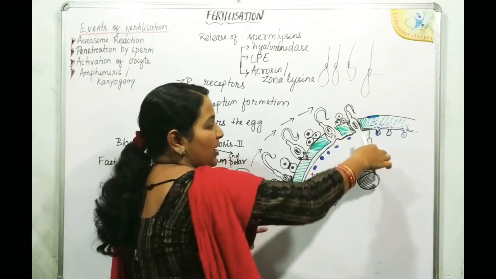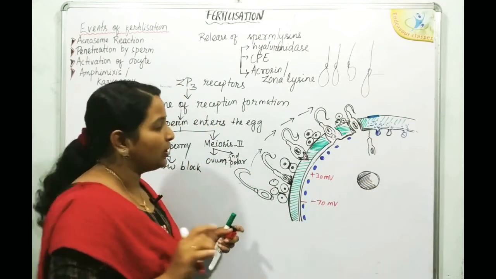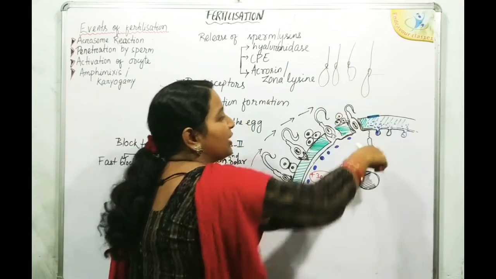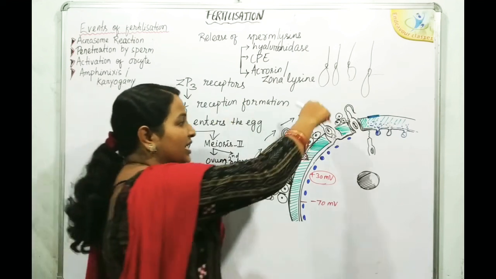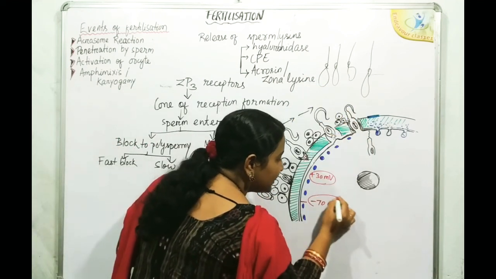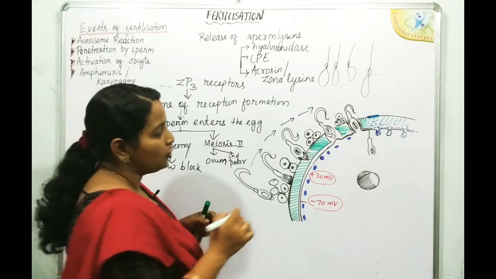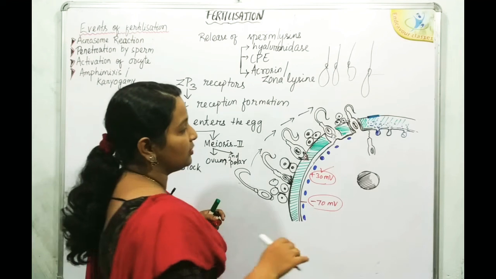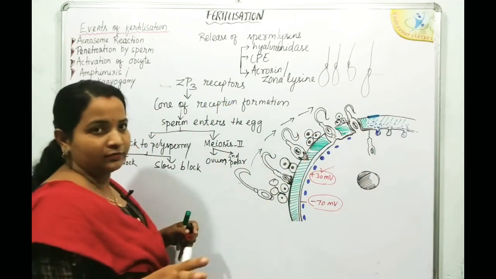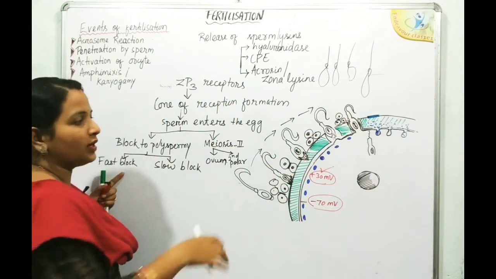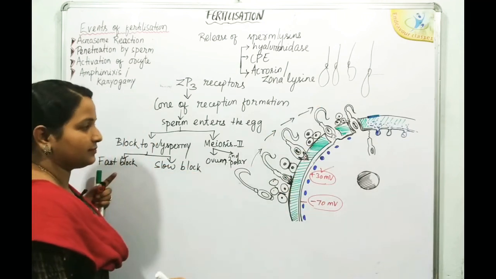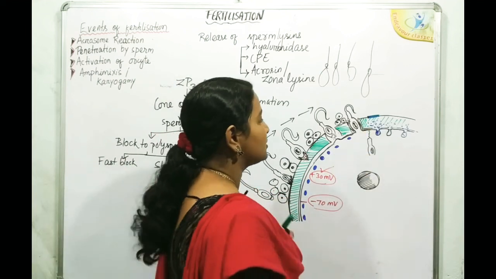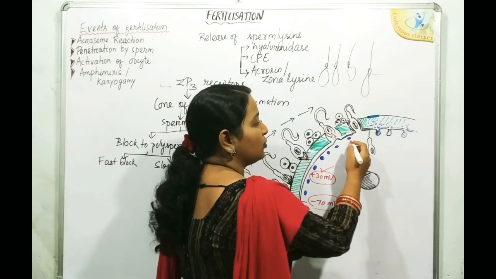After the entry of one sperm, the oolemma is depolarized, and at this changed potential, further sperms cannot penetrate. The sperms can penetrate the egg only at the resting membrane potential. So when it reaches around plus 30 millivolt, the sperms cannot enter. So this is fast block. Soon after the entrance, this mechanism acts, blocking polyspermy. Then slow block. What will happen during slow block is, these are the cortical granules.